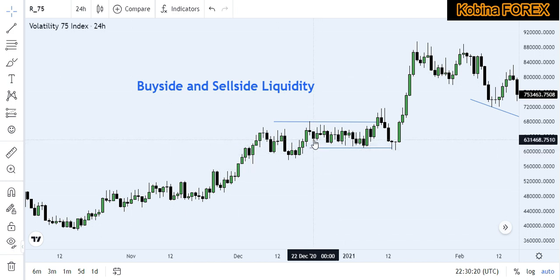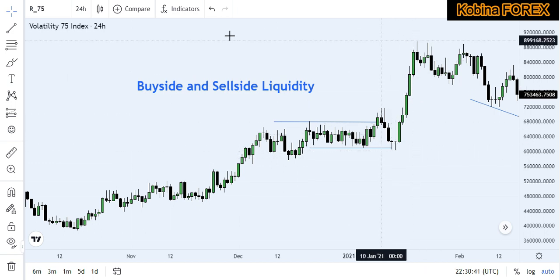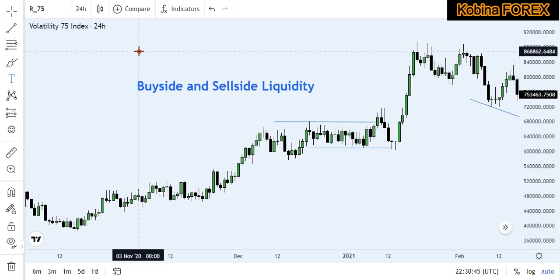Now you could see that price gets to this level and bounces off. Here price is accumulating. Maybe in our next video we'll look at what we call the power of three, where we have price accumulating, then manipulating, and then it redistributes. So in our next lecture we'll add it.